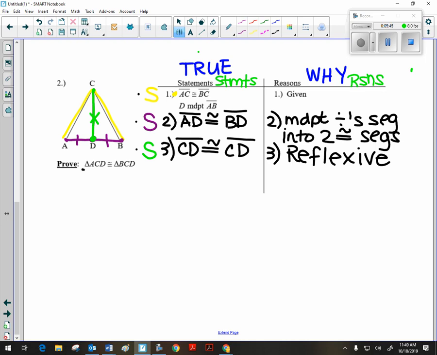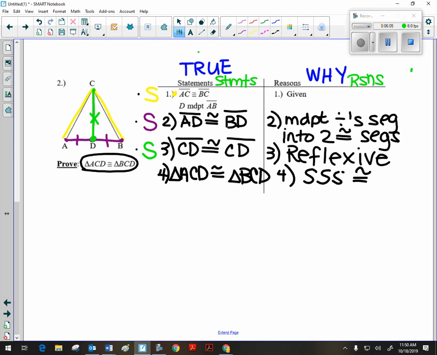So now when I'm looking at this, I have gathered enough information to make those triangles congruent. So I'm going to say that triangle ACD is congruent to triangle BCD. And when I go to list the reason why, I'm sure a lot of you already know that the triangles are congruent because I have 3 sides in one triangle congruent to 3 sides in the other triangle. So side, side, side is going to be the way that I prove those triangles congruent.